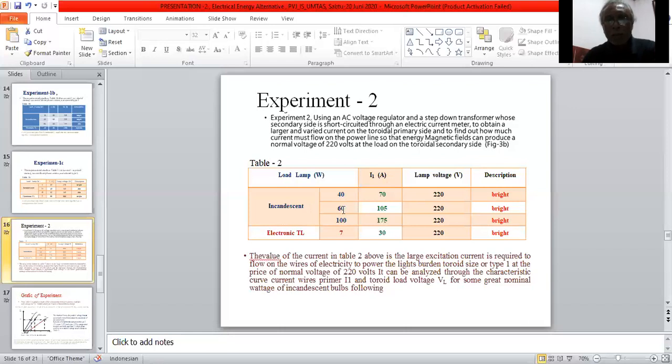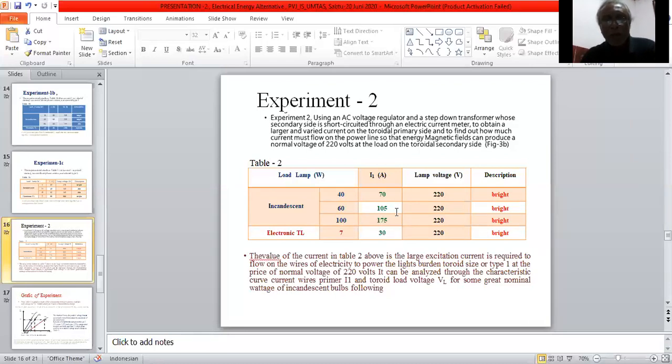Incandescent lamp 60 watts, the needed current is 105 amperes. An incandescent lamp of 100 watts, the needed current is 175 amperes.